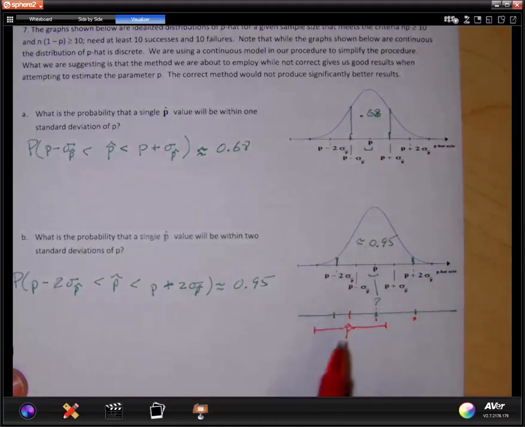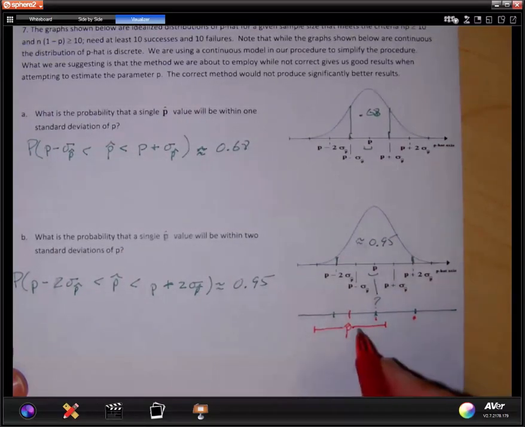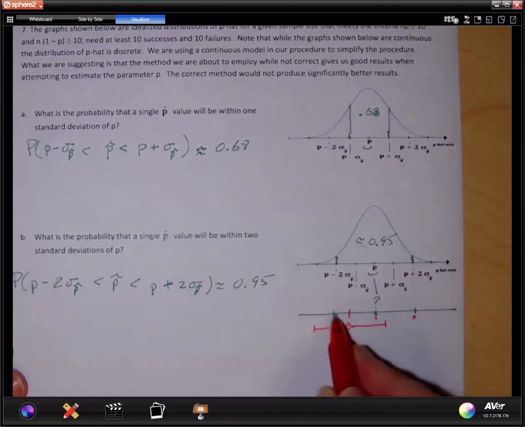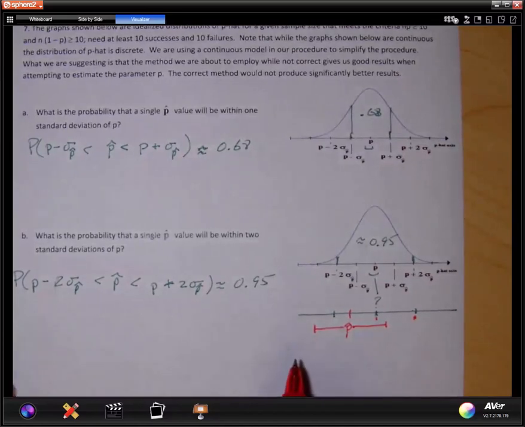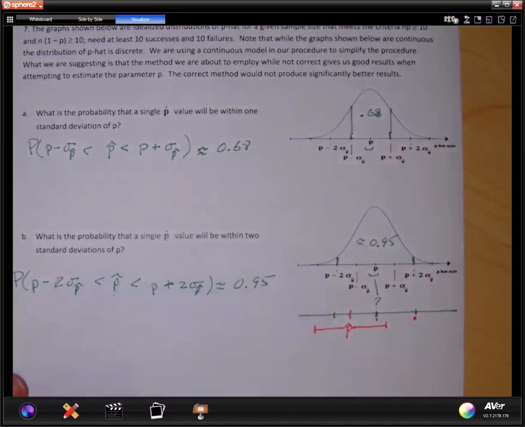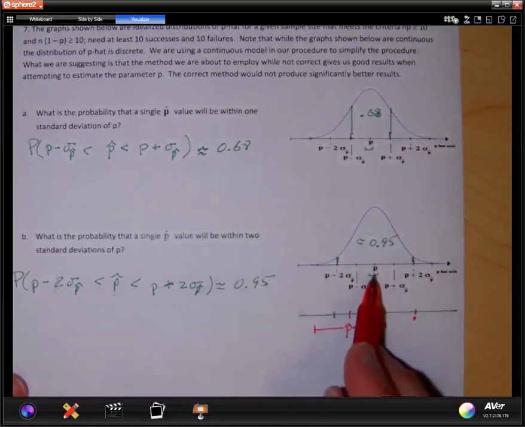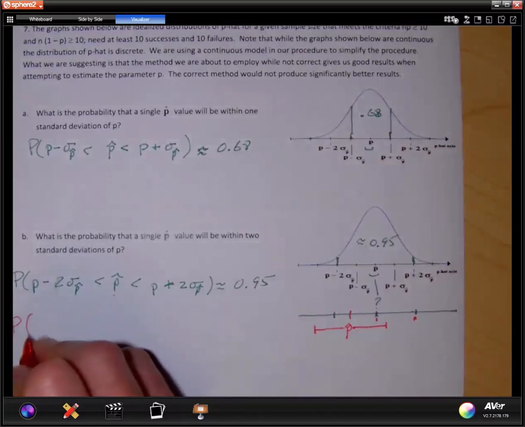You'll notice, because I landed within 2 standard deviations, and there's a 95% chance of that, if I create an interval using this same length right here, voila, I will have captured the parameter. So the question becomes this: what's the chance that my p-hat value is within 2 standard deviations of the true parameter p? The answer is 95%.